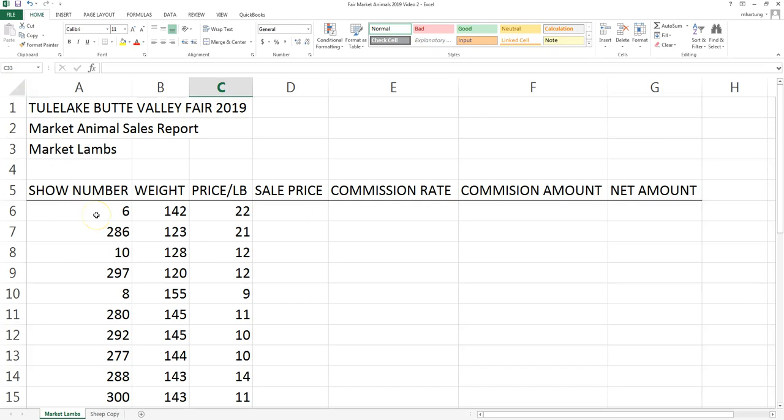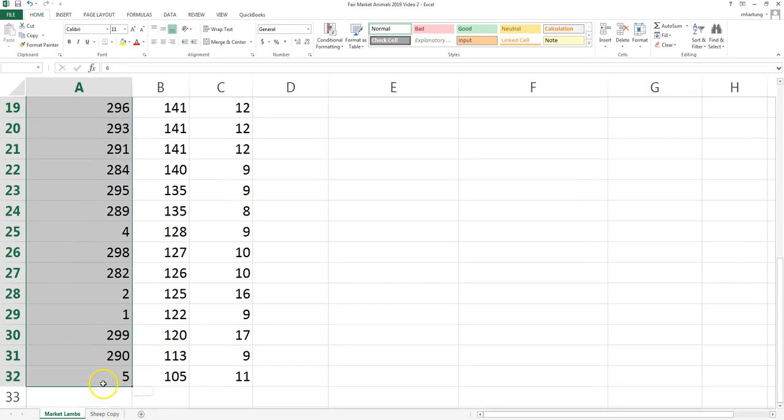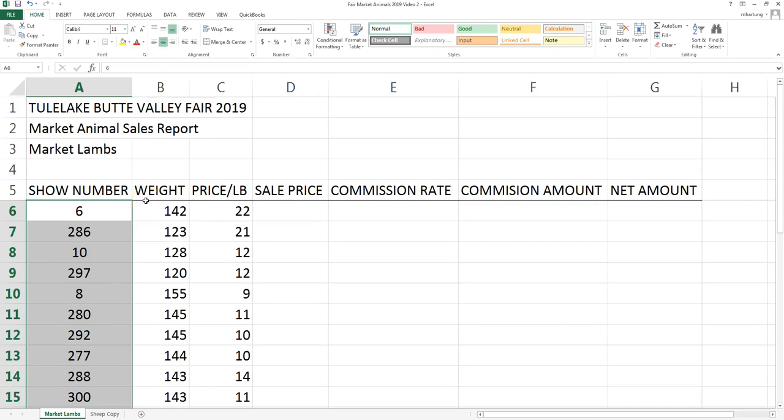Now we're going to go in and make some changes to the formatting of each of these cells. We'll start with the show number. Let's go ahead and select that column and put those numbers in the center. Let's do the same thing with the weight.